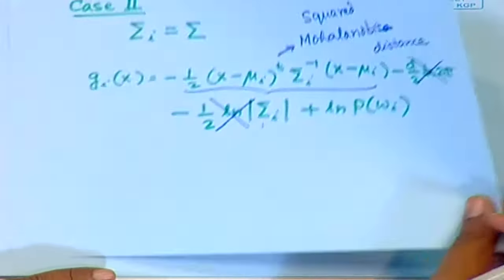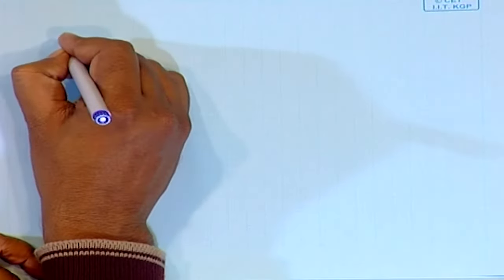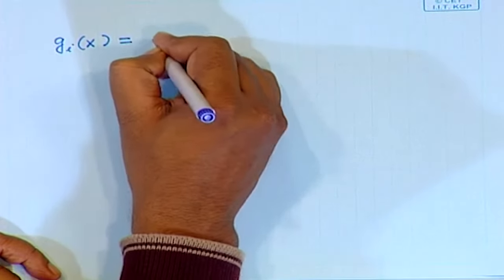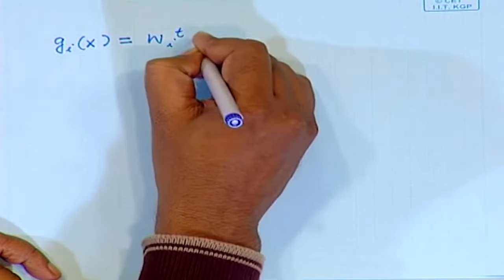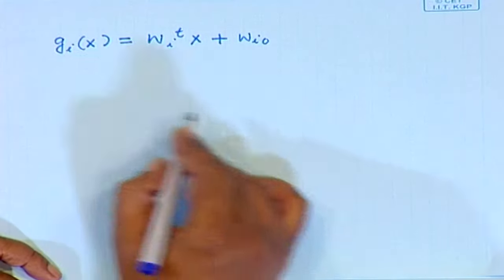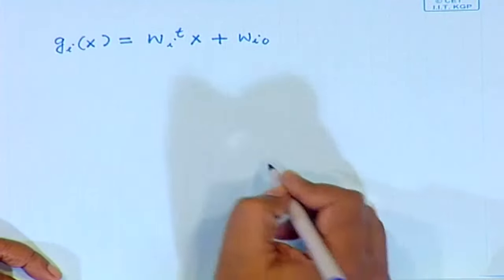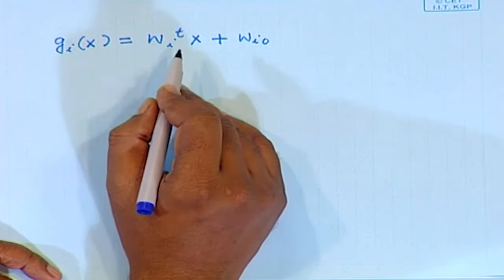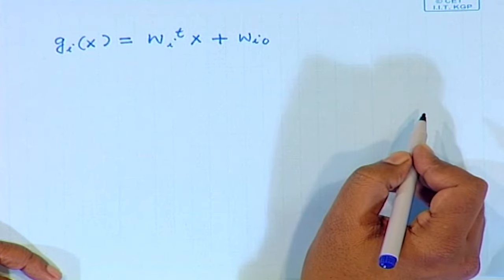So, as we have done before, if we simply expand this term, then again we will find that the discriminant function g_i(x) will again be of the form w_i transpose x plus w_i0, where in the earlier case this w_i had a very simple form, that is 1 upon sigma square into mu_i.